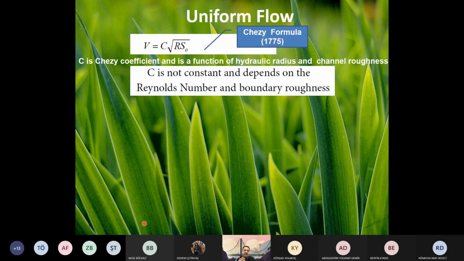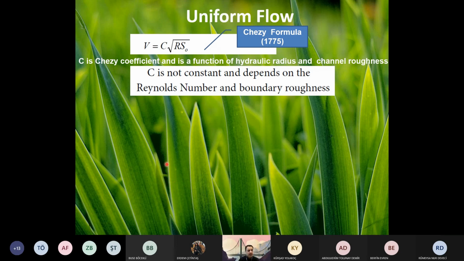For canals we can have canals made of stone, concrete, or wood, or in natural channels the bottom can be soil, fine aggregates, coarse aggregates, lots of rocks and stones. In some cases it can be only clay with low roughness, or we can have vegetation cover at the bed, some trees, trunks, logs within the river. This changes the roughness.